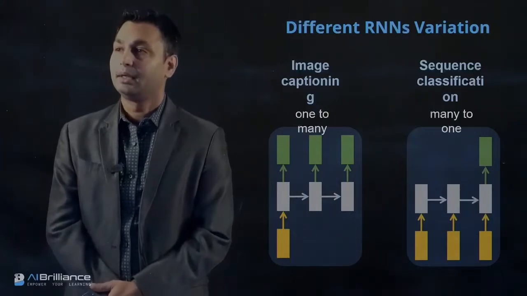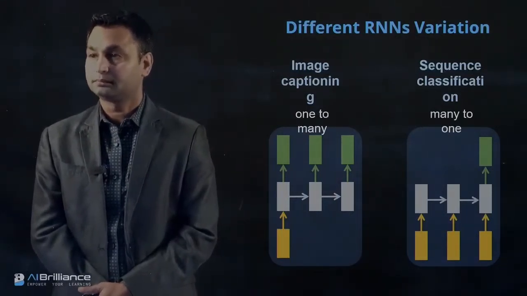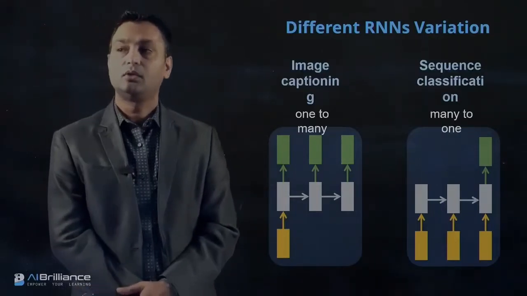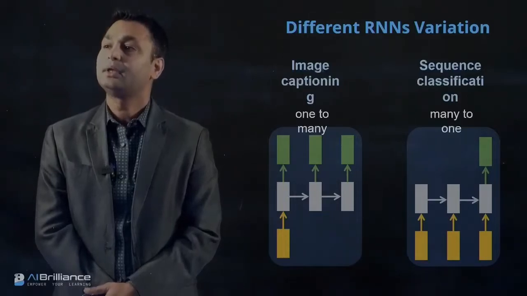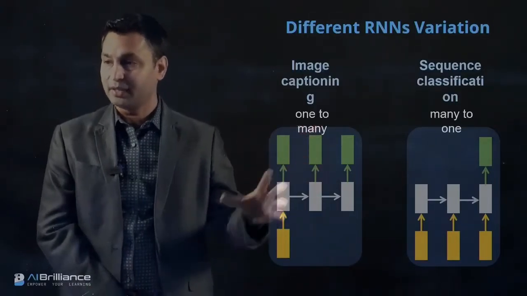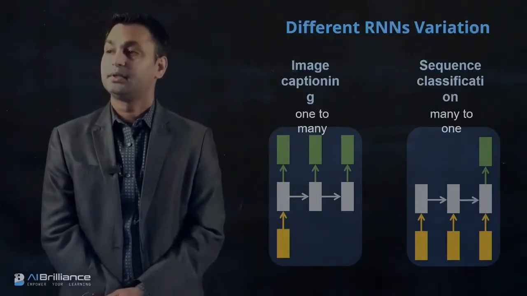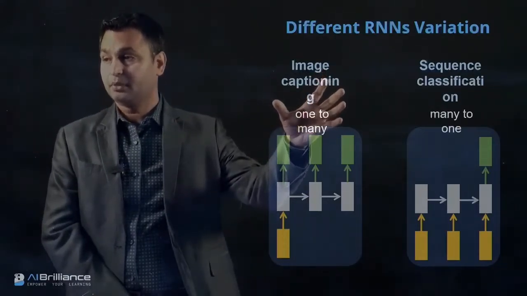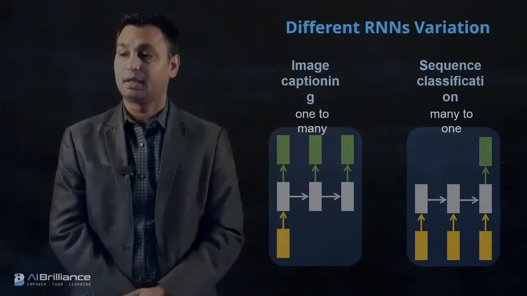There are different variations in the overall neural networks that we have, and those different variations could be classified into main classes. One variation is where we talked about image captioning. We have only one image as an input, and we have a sequence of words as an output.